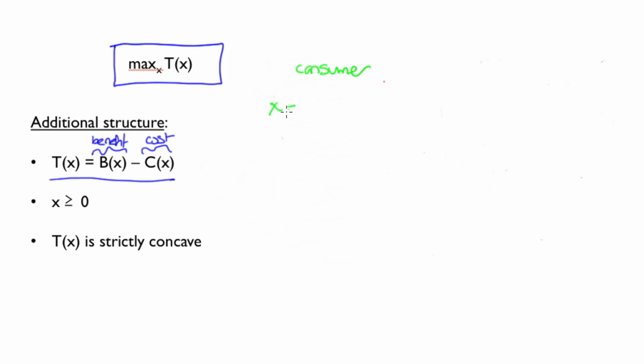In this case, x is the size of the computer, how many units of computing he's buying, and think of x equals 0 as no computer, and b of x is going to be the benefit for the consumer, the utility of usage for that level of computing measured in dollars.